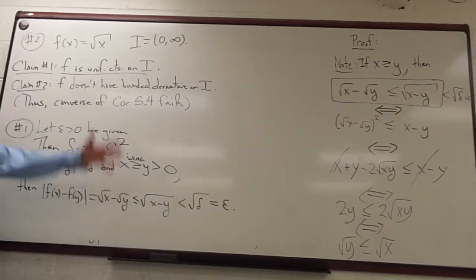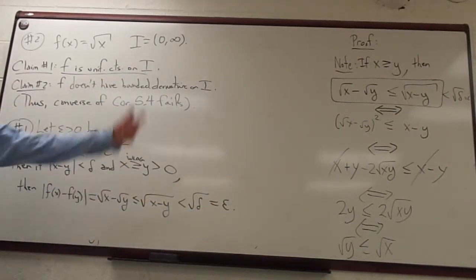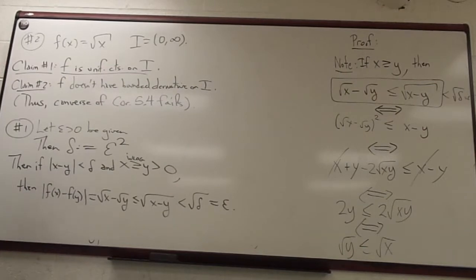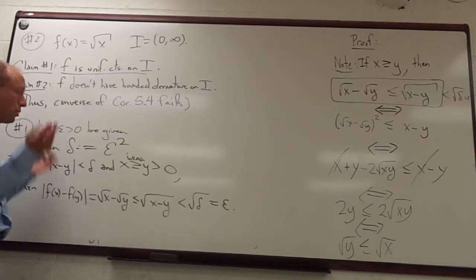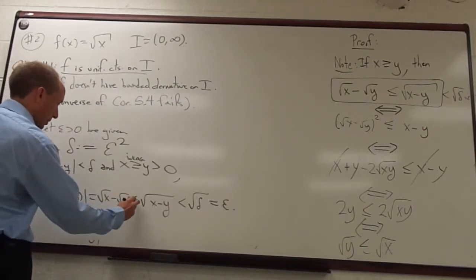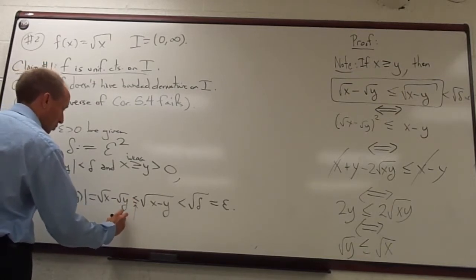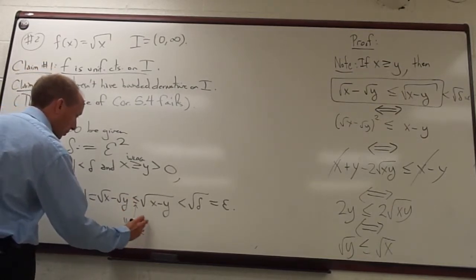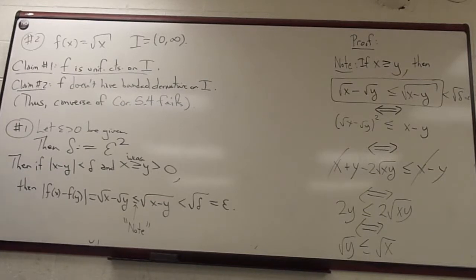So basically you just present it all in one chain of inequalities now. So you don't actually have to retrace scratch work. This is the step where we use the note that I put down on the other side to justify that part. Does that make sense?